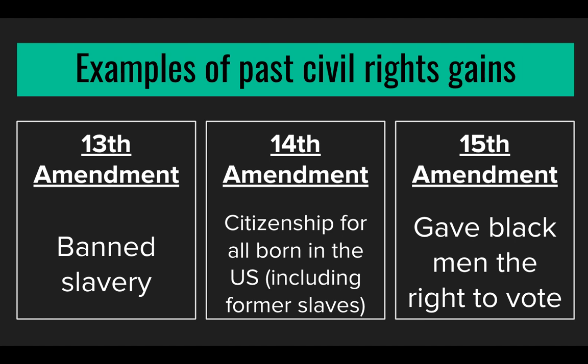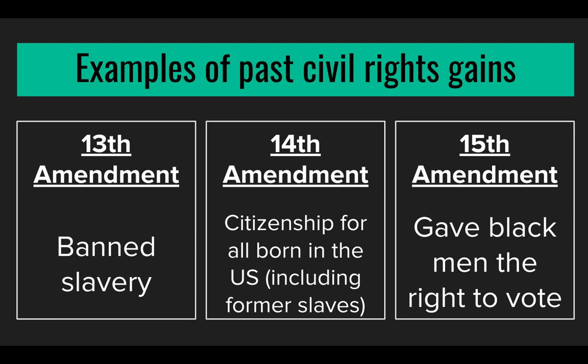So this is back right after the Civil War in the mid-1800s. First, we have the 13th Amendment, and that is the amendment that banned slavery and made slavery an illegal institution in the United States. Right after that, we have Amendment number 14.